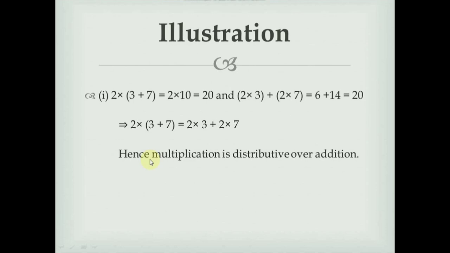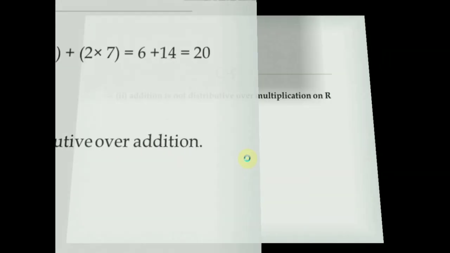Consider 2 into (3 plus 7), which is equal to 2 into 10, equal to 20. And 2 into 3 plus 2 into 7 is equal to 6 plus 14, equal to 20. So here we see multiplication is distributive over addition.